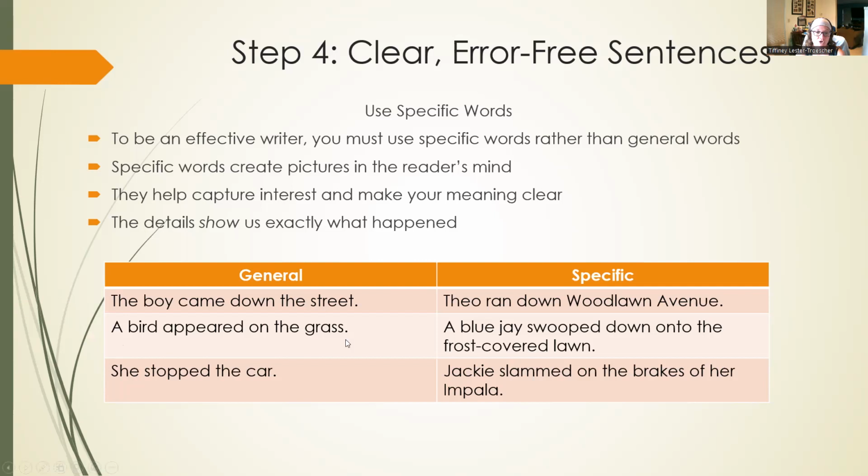A bird appeared on the grass. How about a blue jay swooped down onto the frost-covered lawn? She stopped the car. How about Jackie slammed on the brakes of her Impala? Right? If it is possible and appropriate, use specific words instead of vague general words.